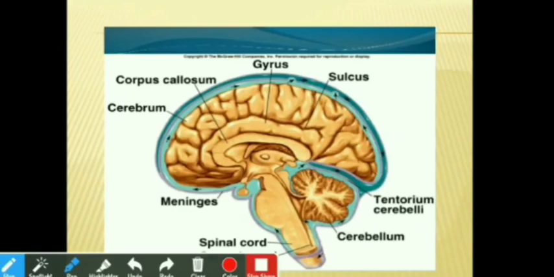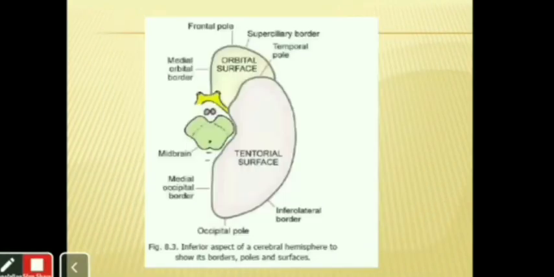About the inferior surface, the inferior surface is irregular. It is divided into a smaller orbital surface and a larger tentorial surface by a deep horizontal groove. So this is a deep horizontal groove that divides the orbital and the tentorial surfaces.